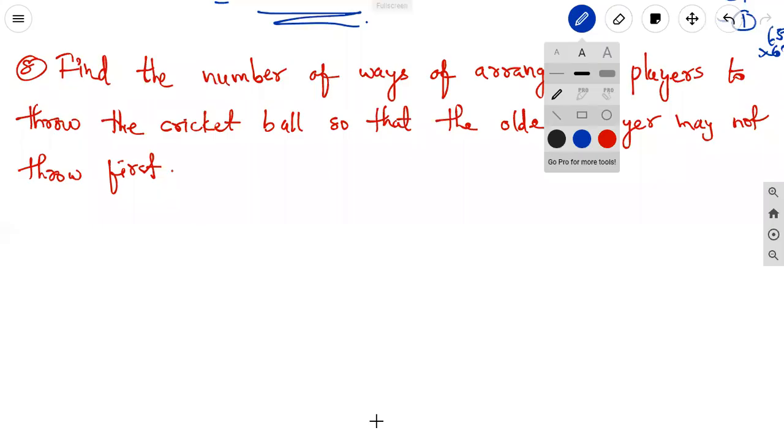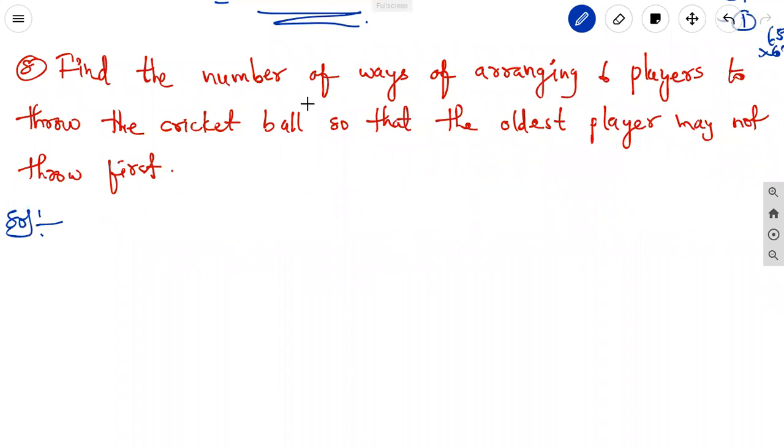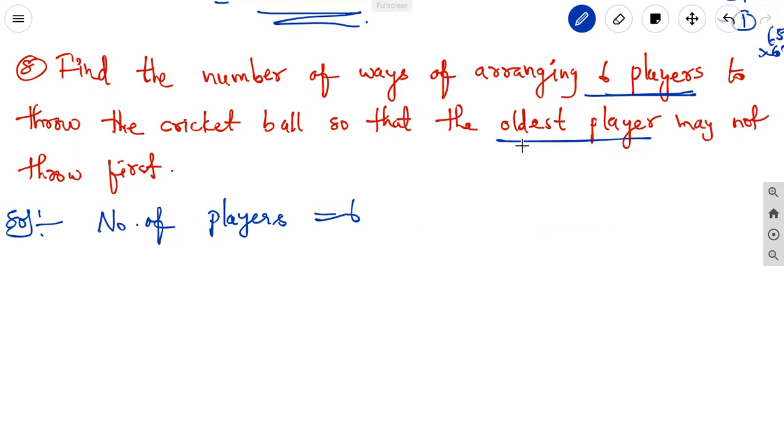8th problem. Find the number of ways of arranging 6 players. How many players are there? Number of players? 6. To throw a cricket ball so that the oldest player may not throw first.